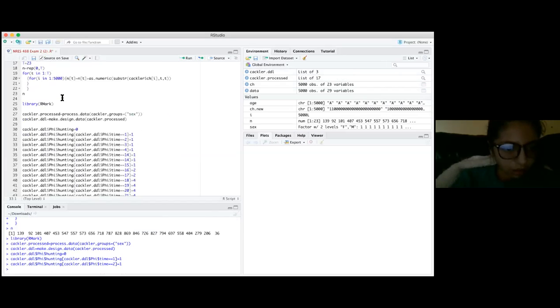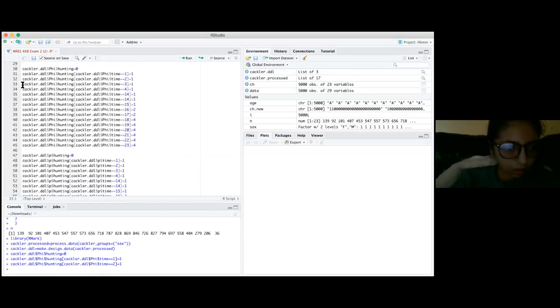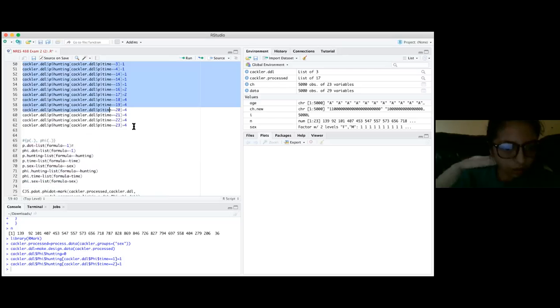And then these ones, I can just do that. These all run fine.